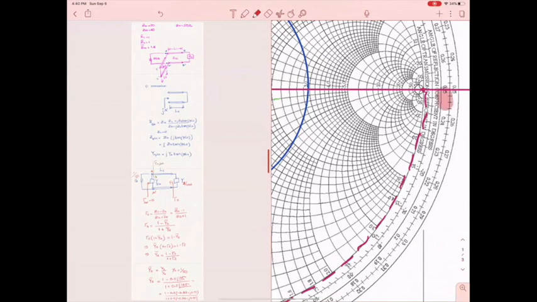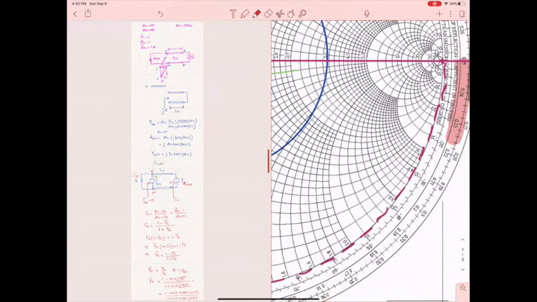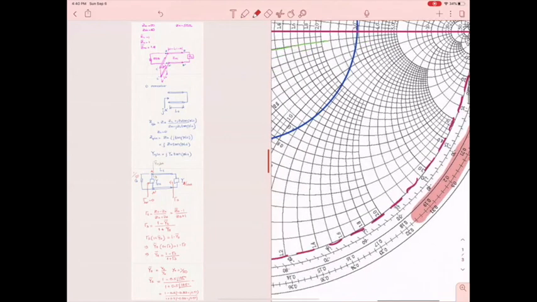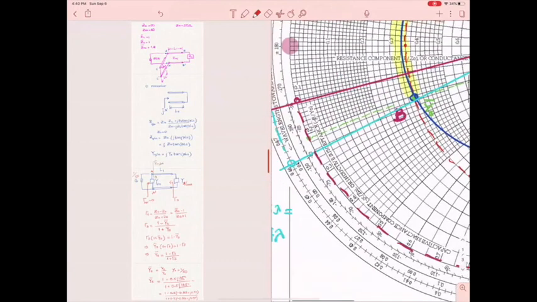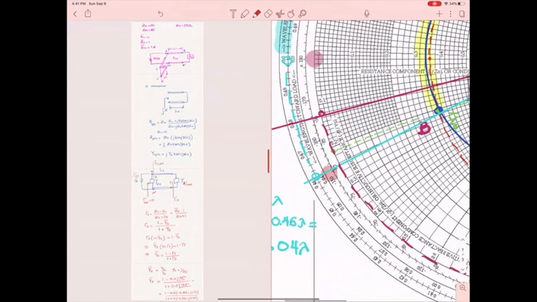So I'm going from 0.25, 0.23, and then I continue on this lower circle and I come here. And it's 0.46 something. It's a point, in fact, 0.04.